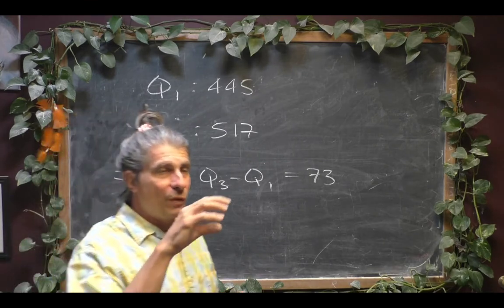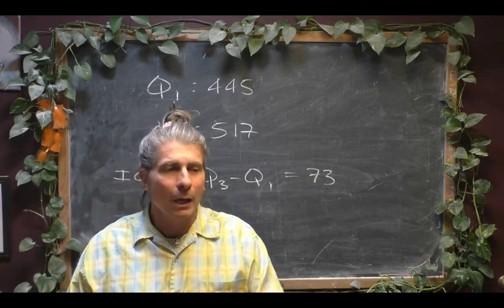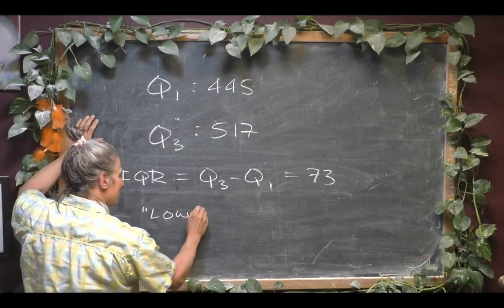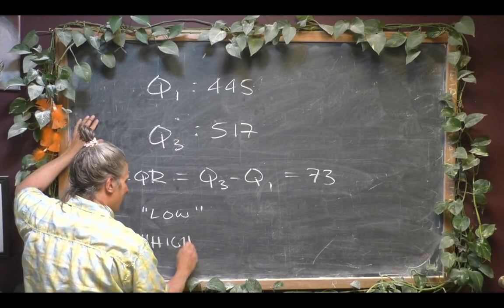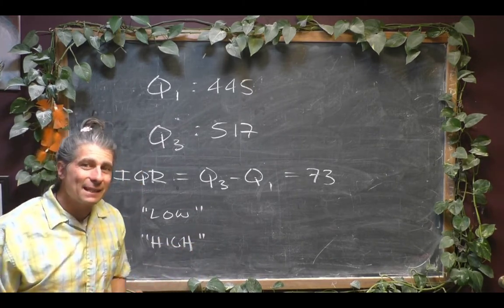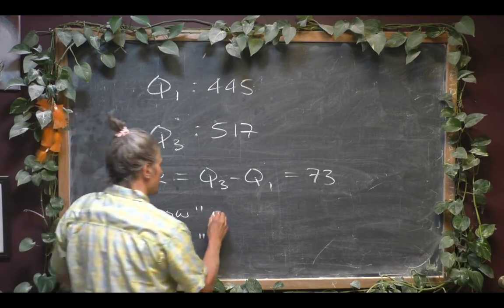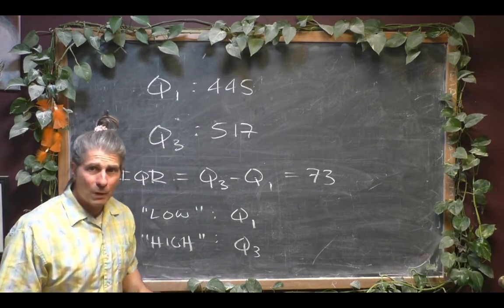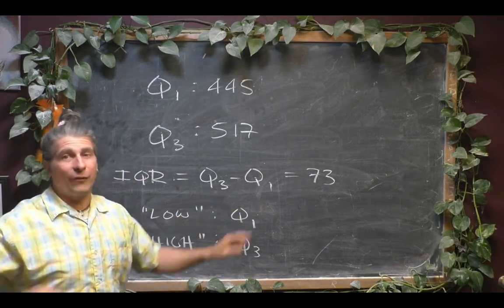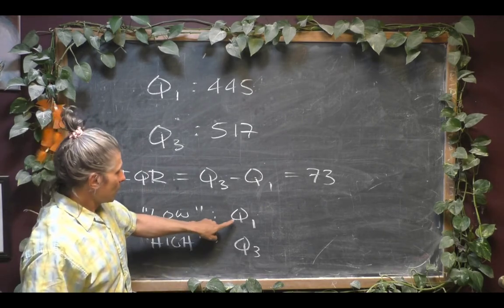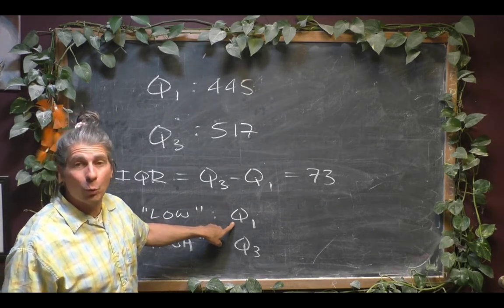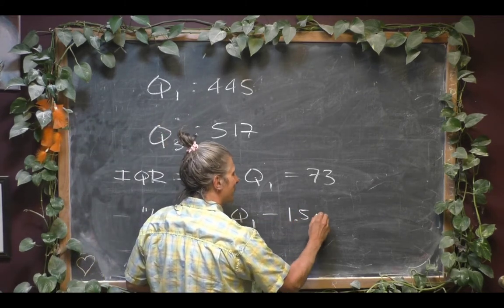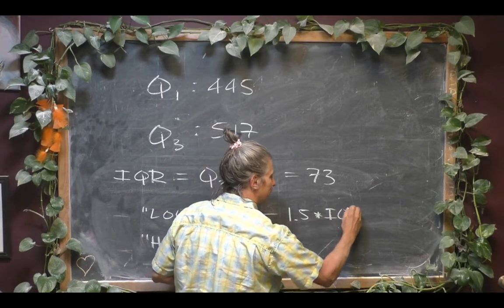Now, this method's going to seem a little bit weird, because what it does is it sets up the low and the high, just like we did with the average and the standard deviation. But the way it sets it up is a little bit strange. The low starts with Q1, and the high starts with Q3. And then we build ranges off of those two things. So we're going to start at Q1 and subtract, and this is where it gets kind of goofy, 1.5 times the IQR.